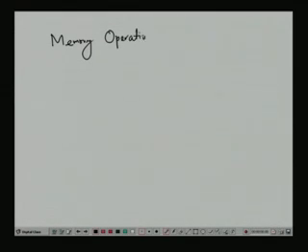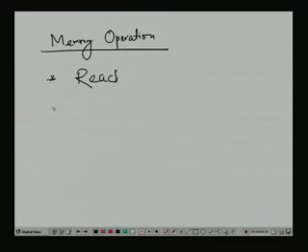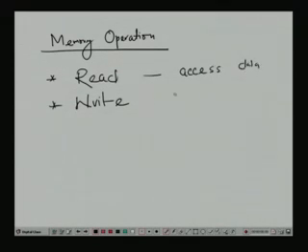Already we have read the memory, the ROM, the RAM, and we have seen there are two operations, read and write. That means the memory is always accessing the cell where the data is kept or stored.